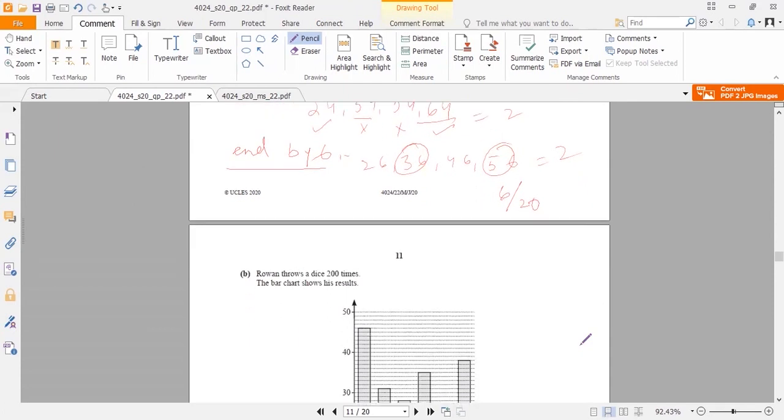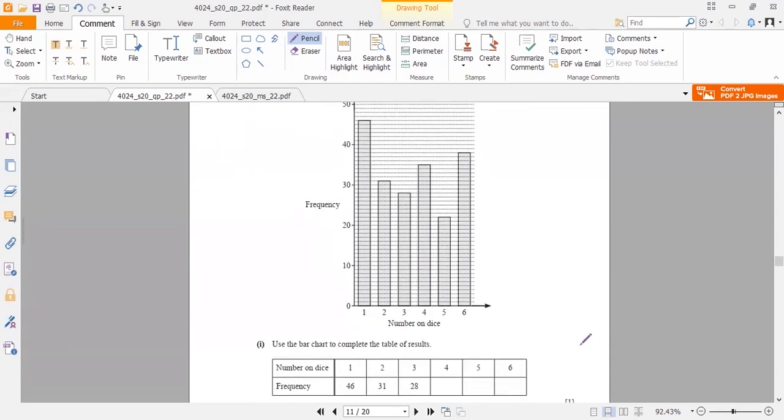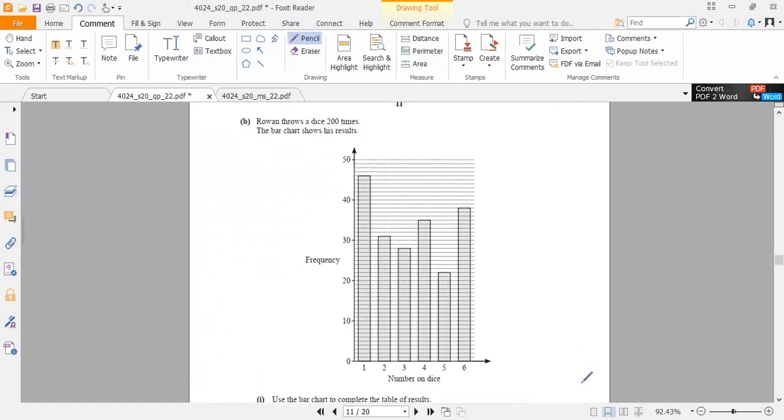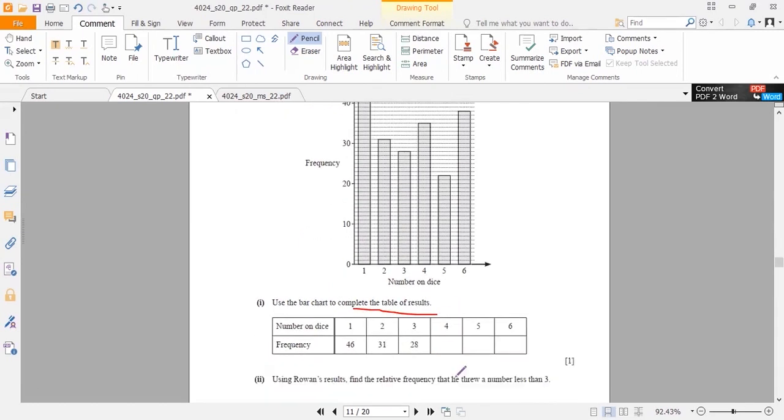Now come to part B. In part B, we have data of Rowan throwing a dice 200 times. The bar chart shows the result. Use the bar graph to complete the table. Firstly, three values are already written over here.